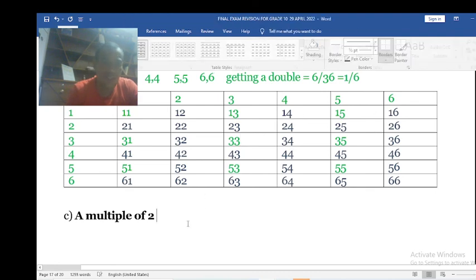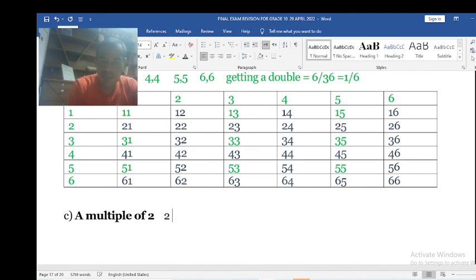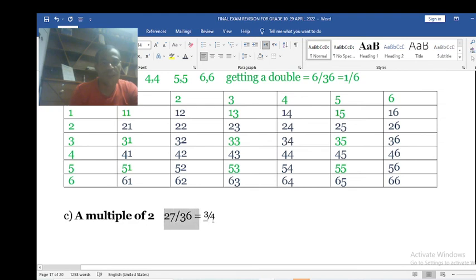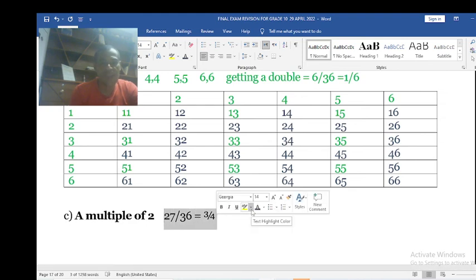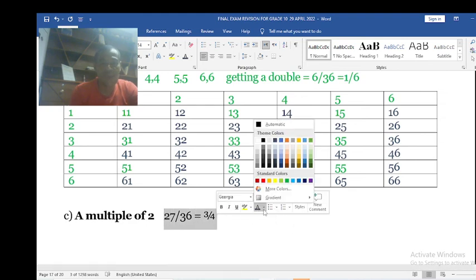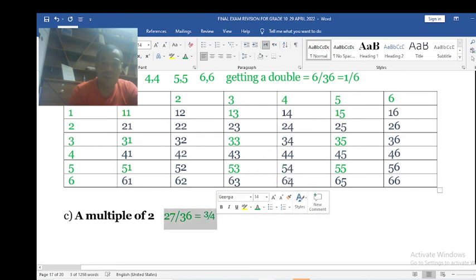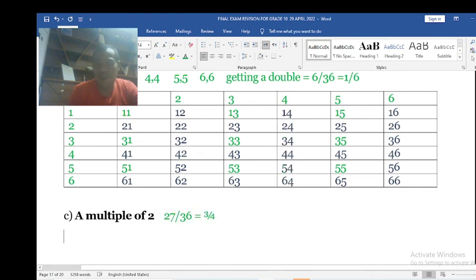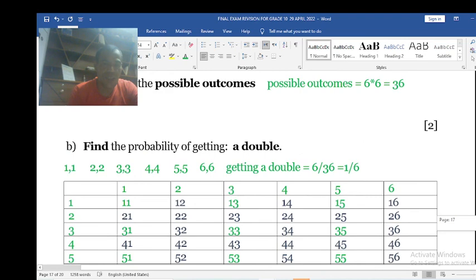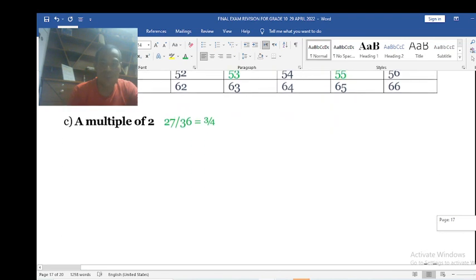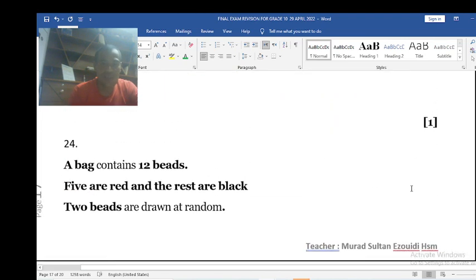So the answer is 27 divided by 36, which is equal to 3 divided by 4. Clear? I wish that the answer is clear. It can be in the exam, it can be even number, a multiple of 3. You do it like that. Clear? Please show your work, okay?